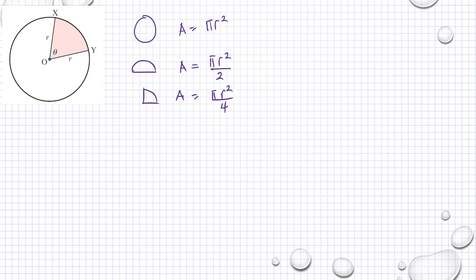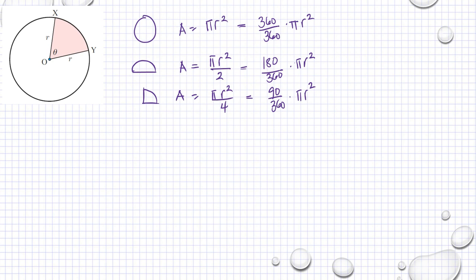But if we expand this with respect to theta, then we have 360 divided by 360 multiplied by pi r squared. And this one is 180 degrees divided by 360 multiplied by pi r squared. And this one is 90 divided by 360 multiplied by pi r squared.